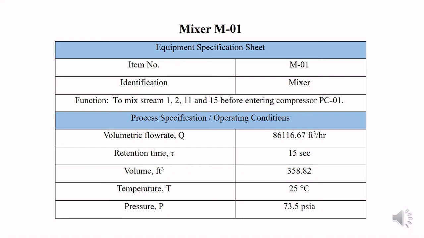This is the equipment specification for mixer M01, and the function of M01 is to mix streams 1 to 11 and 15 before entering compressor PC01, and the volumetric flow rate of mixer M01 is 86116.67 feet cubed per hour, and the other process specifications are as stated.